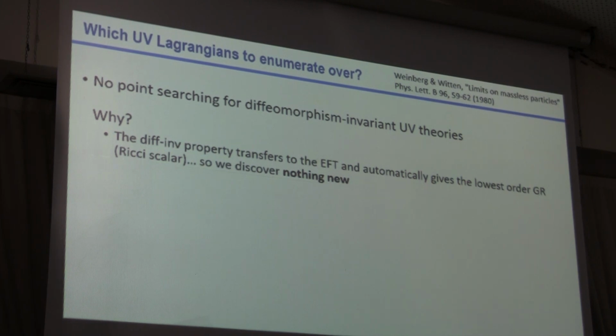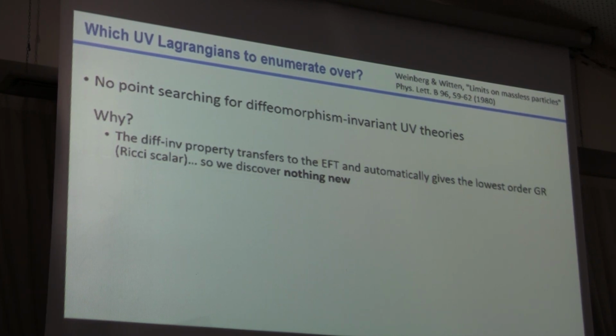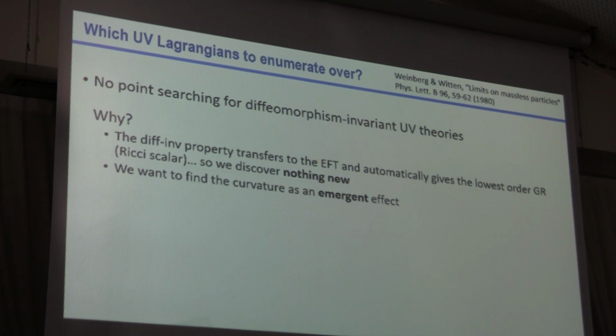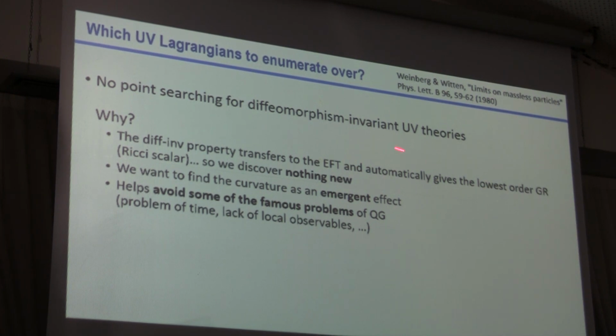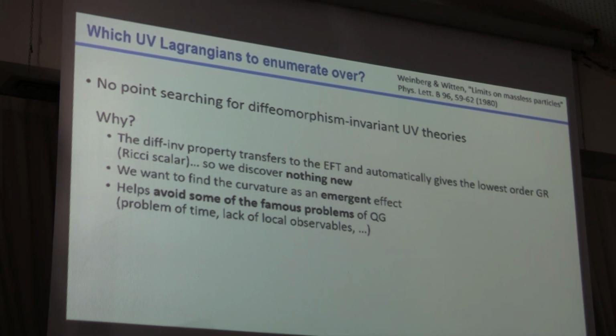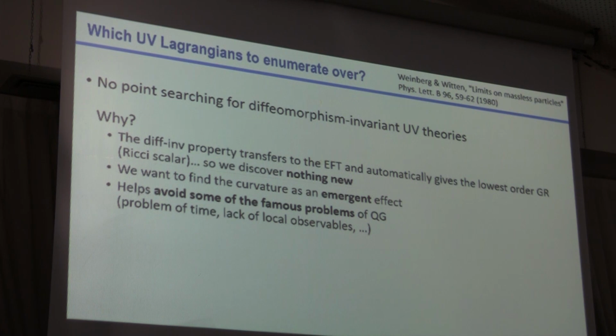So we kind of discover nothing new. We'll not be able to validate that. And we also want to find the curvature as an emergent effect, which will be fundamentally different. And once we give up diffeomorphism invariance in the UV, we'll hopefully get it in the EFT, we'll avoid some of the famous problems of quantum gravity, and we'll avoid many of the things that will limit us.